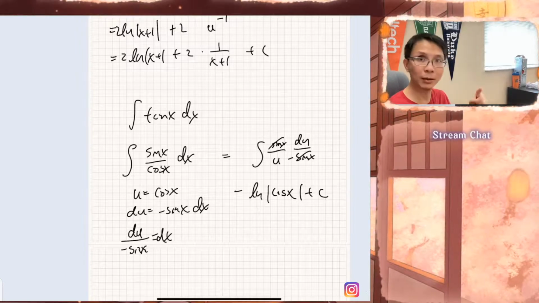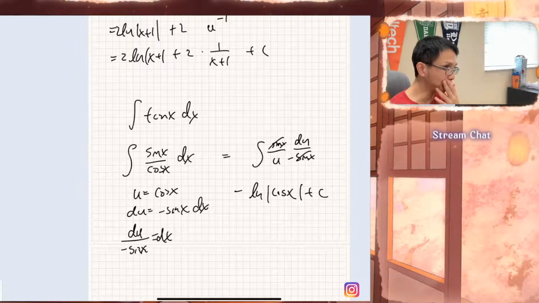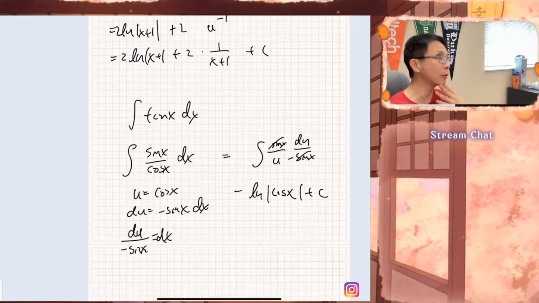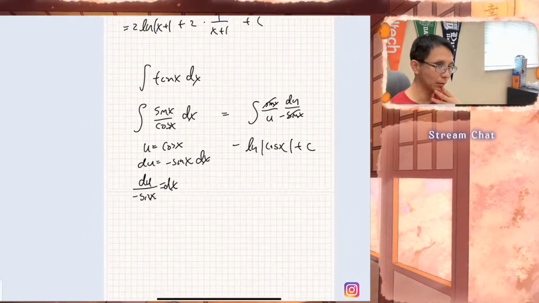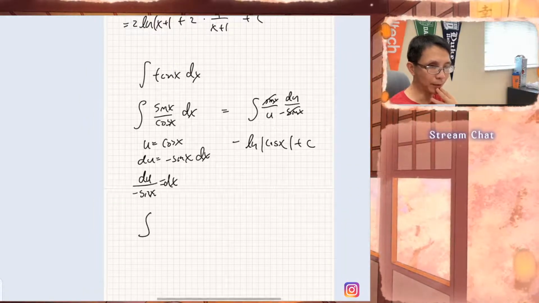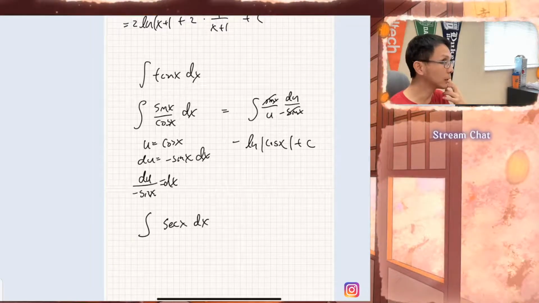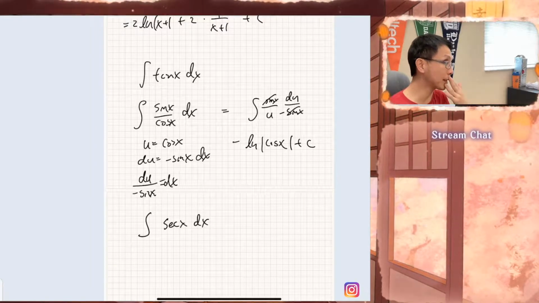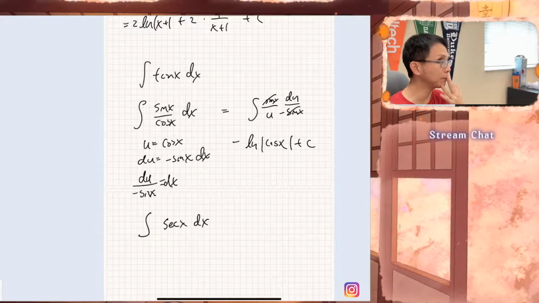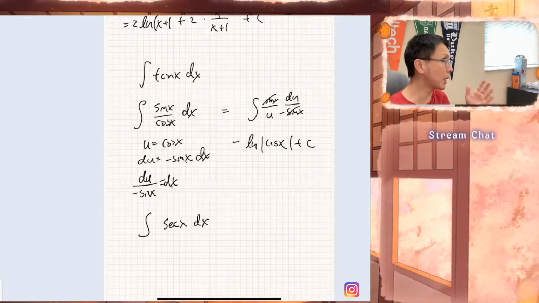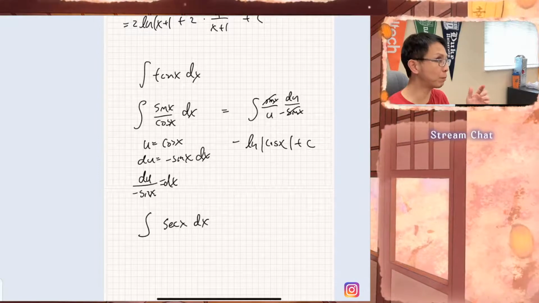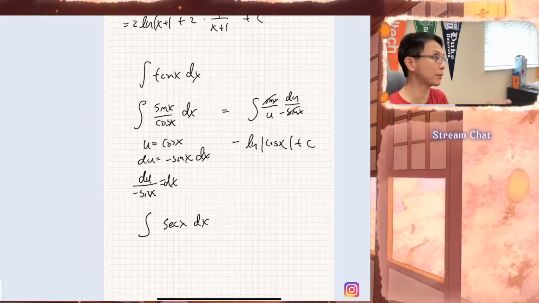But here comes down the very, very interesting problem. Is how do we do integration of secant of x? Okay, how do we do integration of secant of x dx? That was kind of hard. Now, usually you have to memorize this, but I'm going to show you how to prove it. And the people who come up with this stuff is truly, truly impressive, creative.